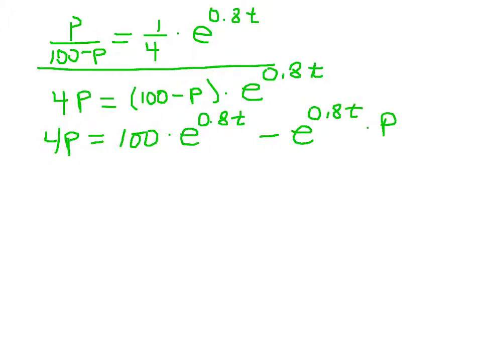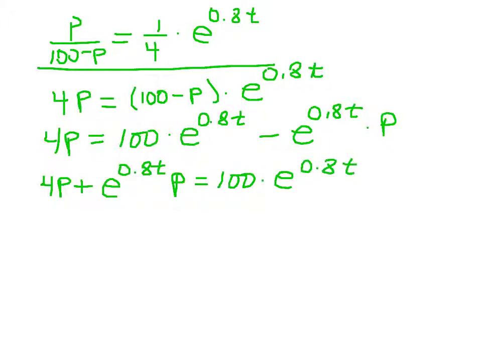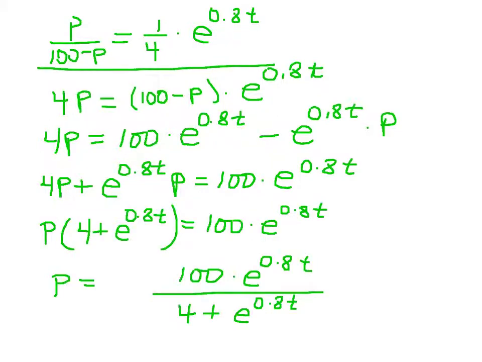So now I'll bring this over to the other side, and I get 4p plus e to the 0.8t p is equal to 100 times e to the 0.8t. And so finally we just move along, factor out the p, divide by the constant, and we finally get the expression that we have been waiting for.